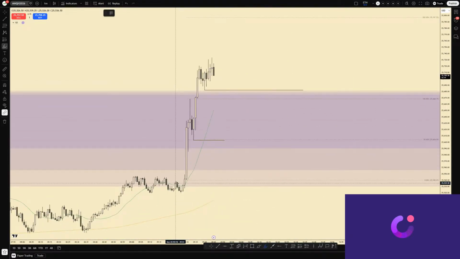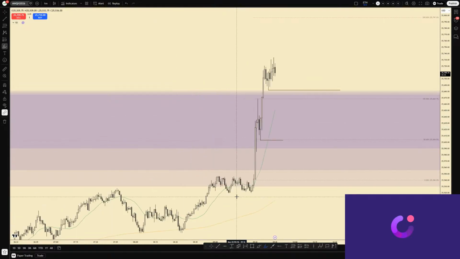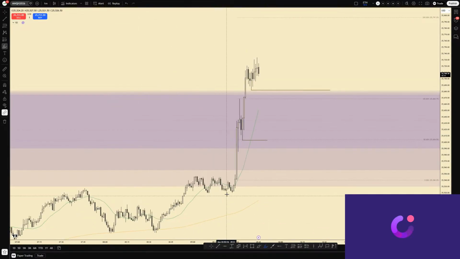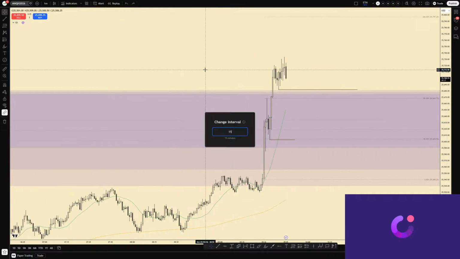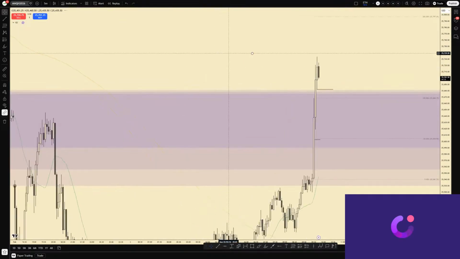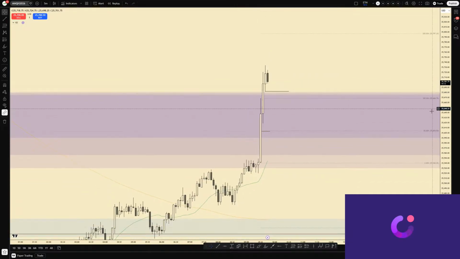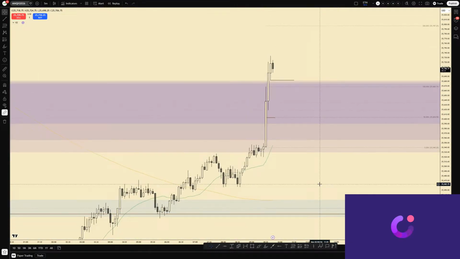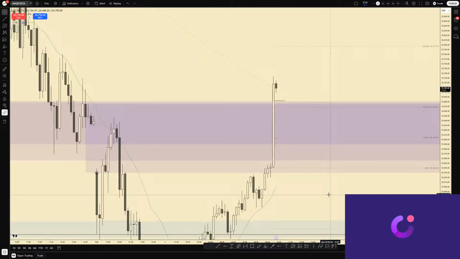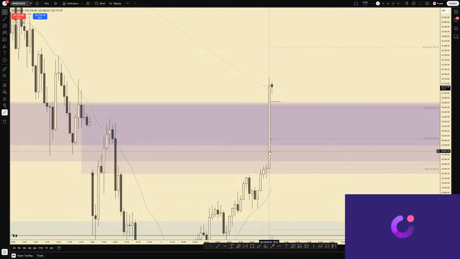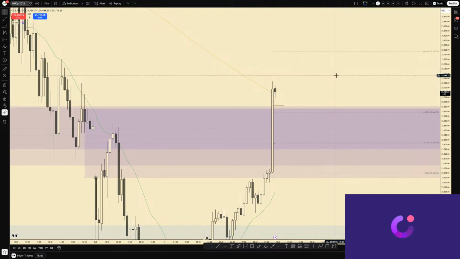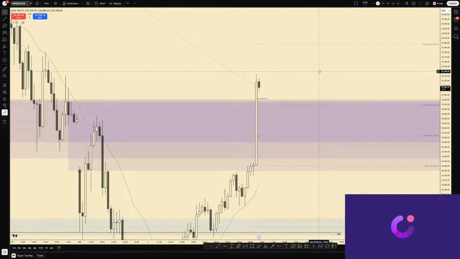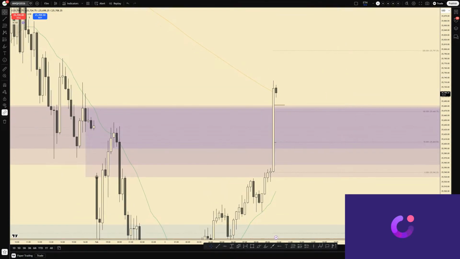Look how the 20 simple moving average looks and how the 200 simple moving average looks, and look at these imbalances on 1 minute, and we will probably see imbalances on 5-minute and 15-minute charts either. So I would be very cautious to open any short setups.